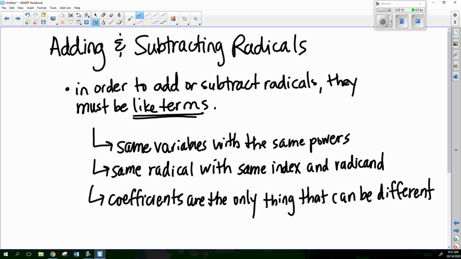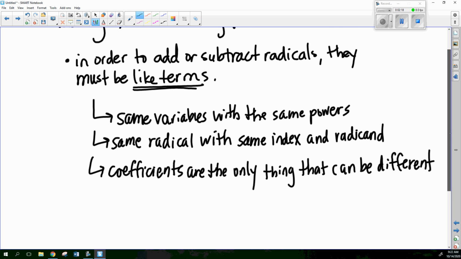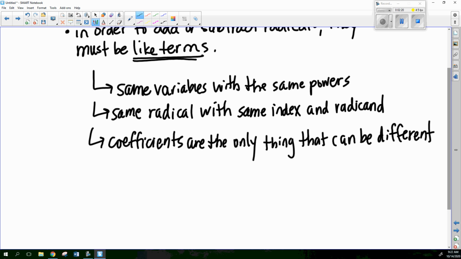So then how do we make sure that these things are like terms? Well, the first thing you have to do is simplify all radicals in the problem. You have to simplify them all, which is why we had to go over simplifying first.